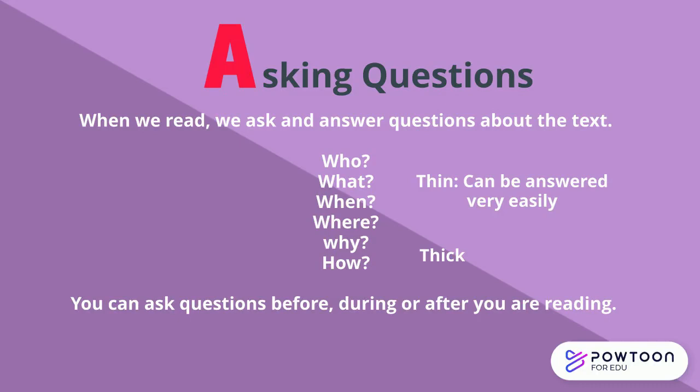You can ask questions before, during, or after you are reading. For example, before you read, you might ask, who will be in this story? Or what will happen? While reading, you might ask, how are the characters feeling? After you read, you might ask, what would happen if the story continued?